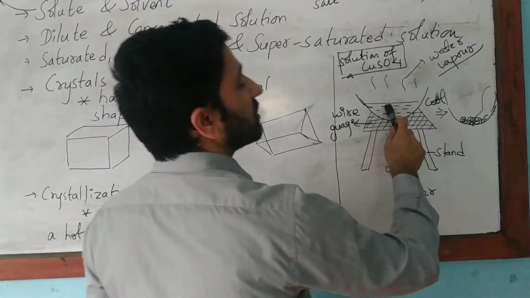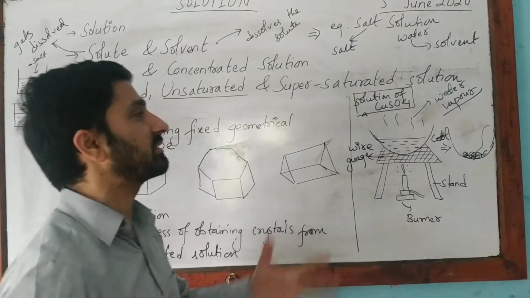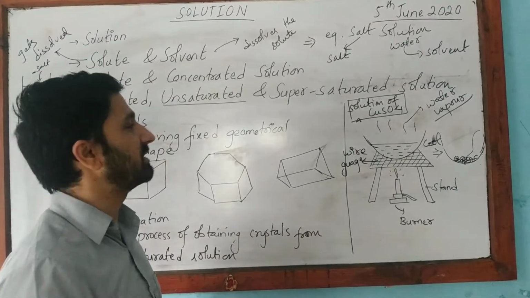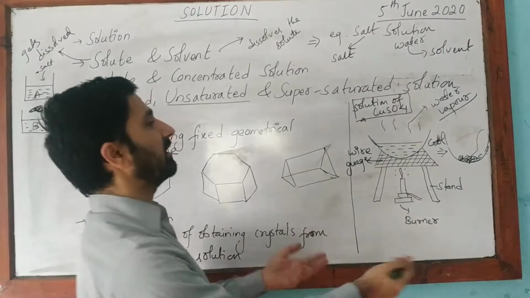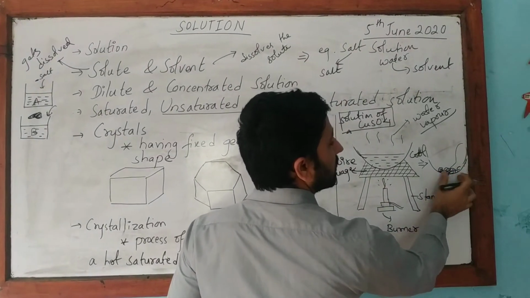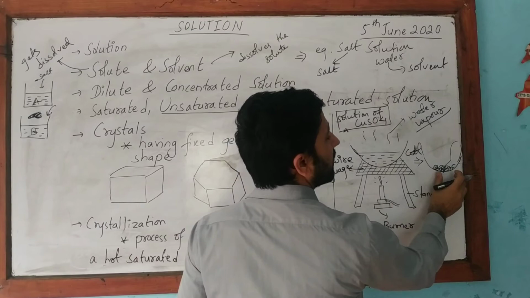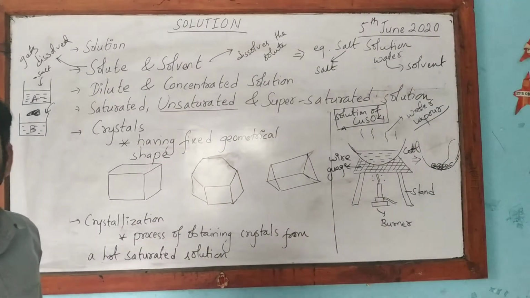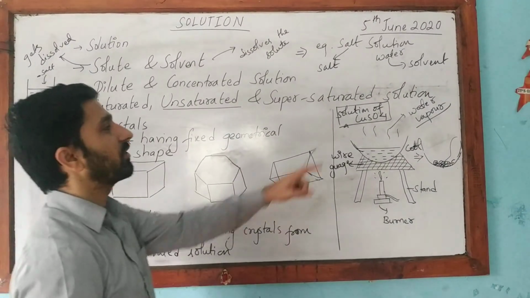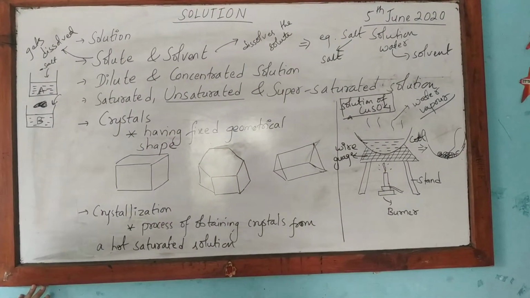When cooled, this supersaturated solution starts to throw out the excess solute that we dissolved, and this copper sulfate will be in crystal shape. Why crystal shape? Because copper sulfate is an example of a crystalline substance.